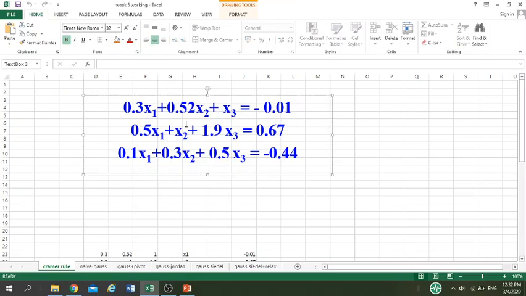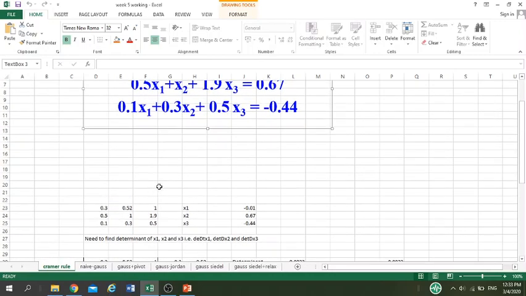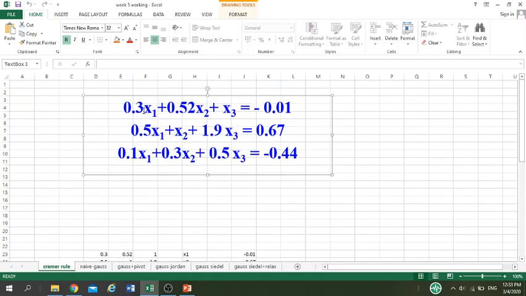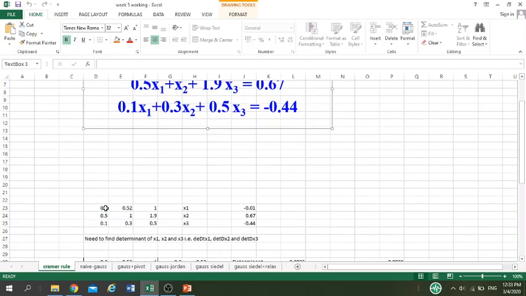So we have to convert equations 1, 2, and 3 into a matrix form. The first equation: 0.3x1 plus 0.52x2 plus x3 equals minus 0.01. This is how we convert the information from the equation into matrix form.